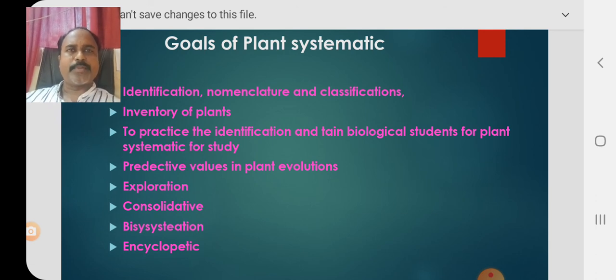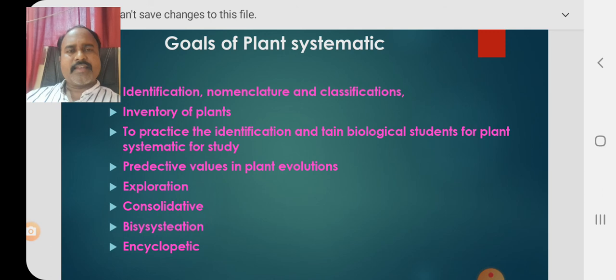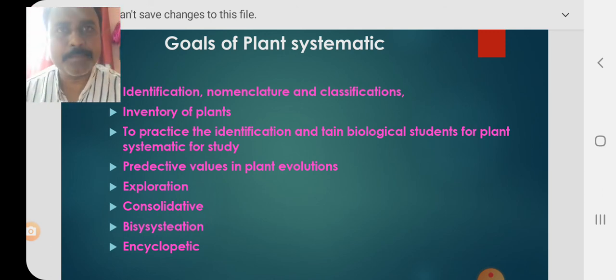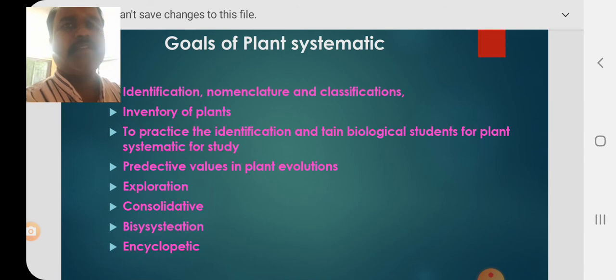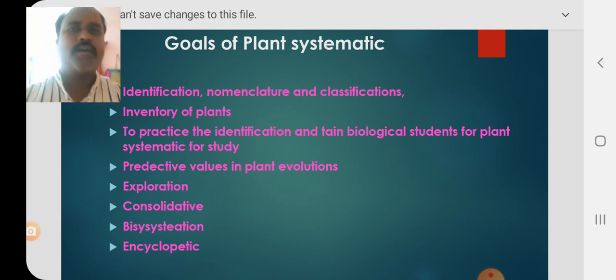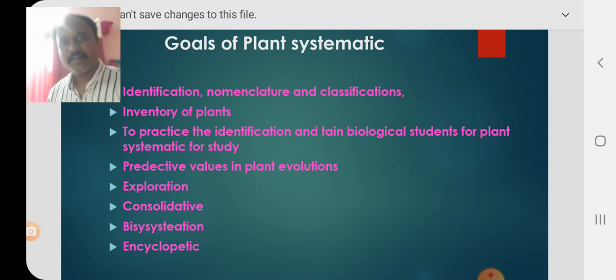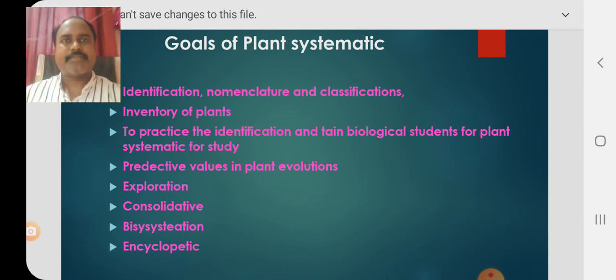but the encyclopedic phase. The encyclopedic phase is important because it is one of the last goals of our plant systematic study.